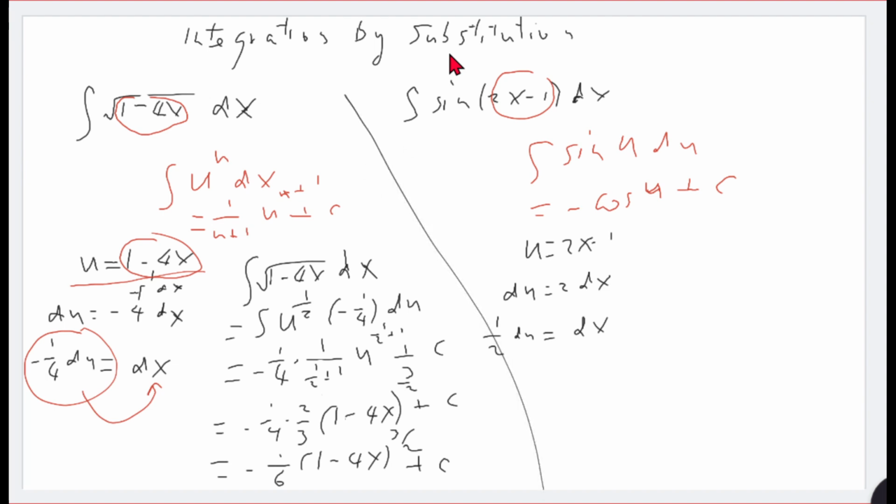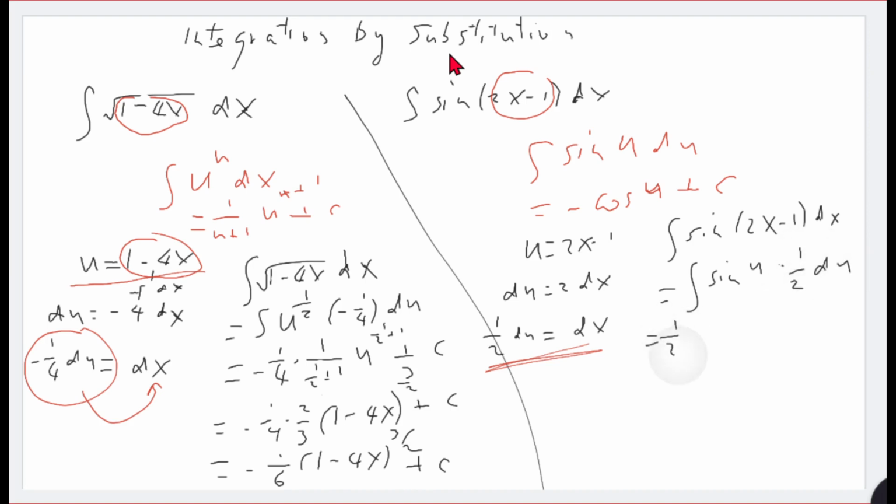Now the integration. So the integral of sine of 2x minus 1 becomes sine u, that's the integrand turned into a function of u, and the dx, according to what we already found here, is 1/2 du.